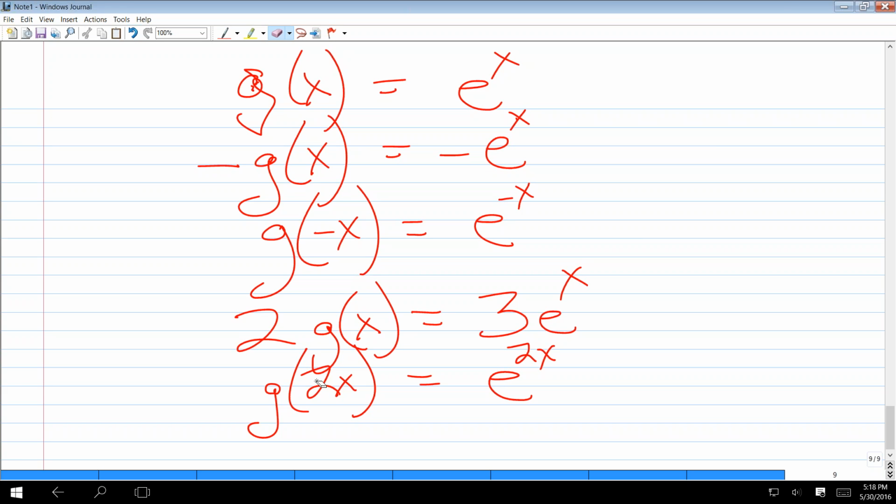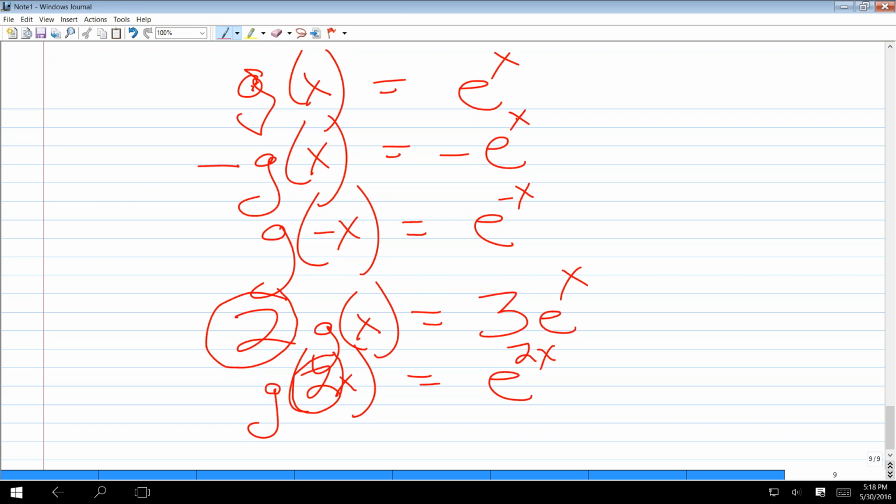If you're talking about something being stretched or compressed, this is called a stretch or shrink factor. Stretch if it's greater than 1, shrink if it's between 0 and 1. This is called a stretch or shrink factor. Shrink if it's greater than 1, stretch if it's between 0 and 1.